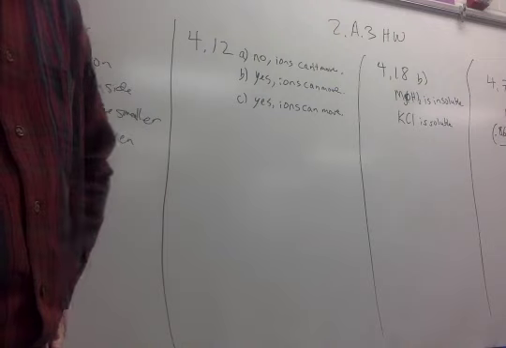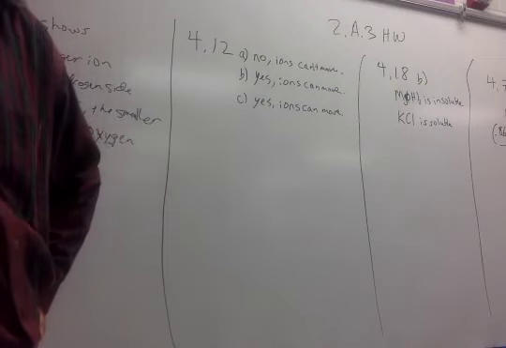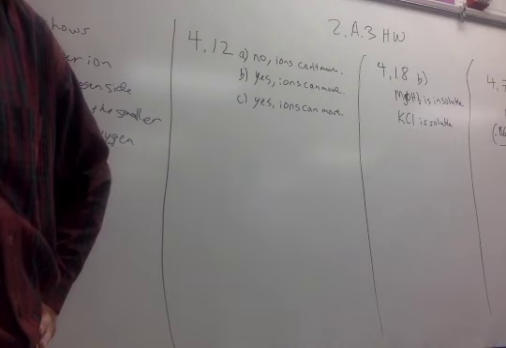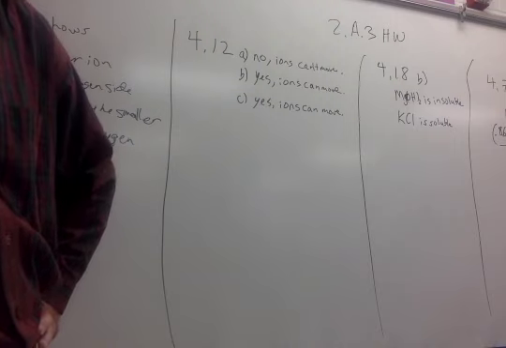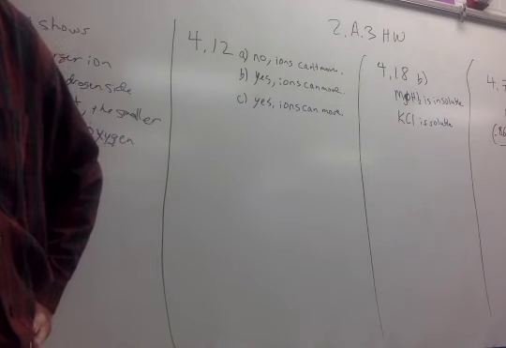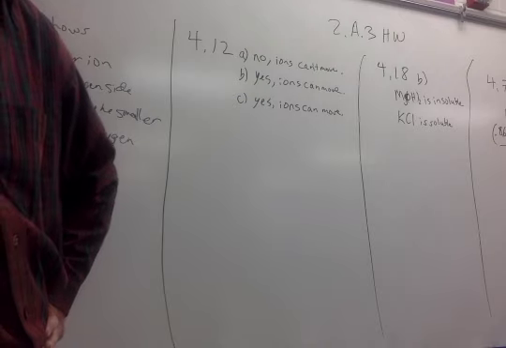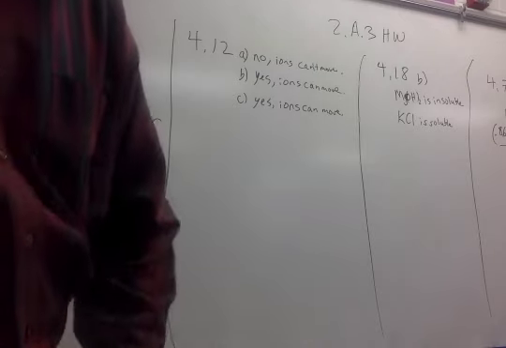And so I picked the one that had Mg(OH)2 written as a single formula and solid, and then the KCl, the potassiums and the chlorides, will actually remain separate as K+ and Cl- ions. And so the letter B is the one that shows that the best.